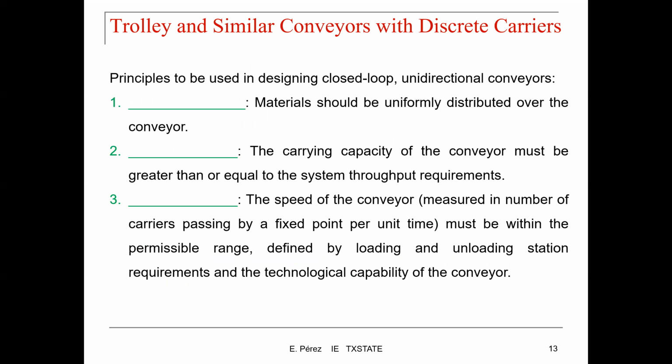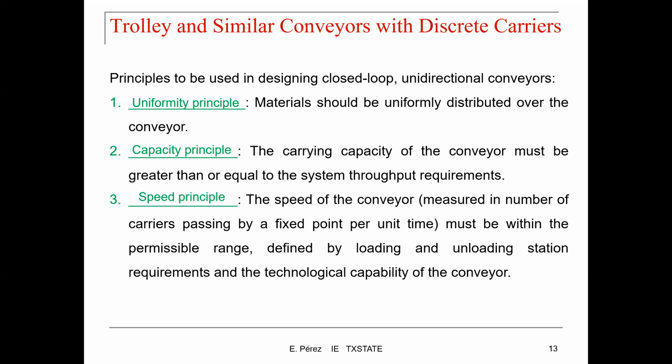The principles to be used in designing closed loop unidirectional conveyors are the following. First, the uniformity principle. Materials should be uniformly distributed over the conveyor. Two, the capacity principle. The carrying capacity of the conveyor must be greater than or equal to the system throughput requirements.